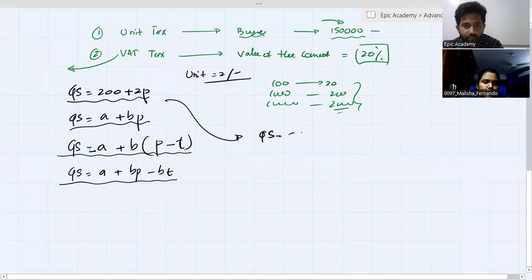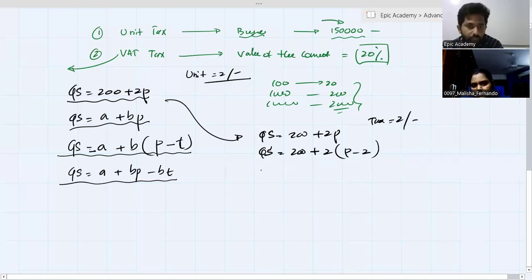QS equals 200 plus 2P. The unit tax is just 2 rupees. So QS equals 200 plus 2 within brackets P minus 2, where 2 means taxes. QS equals 200 plus, multiplying by 2, all the things within brackets: 2P minus 4.